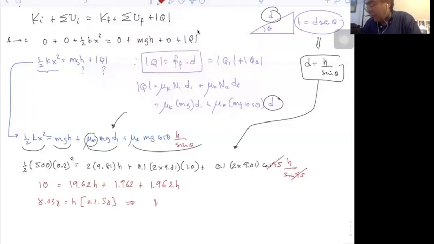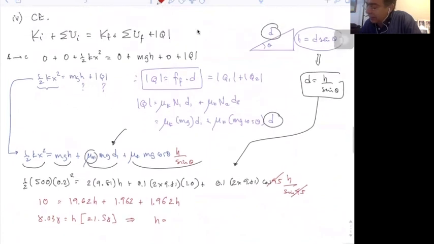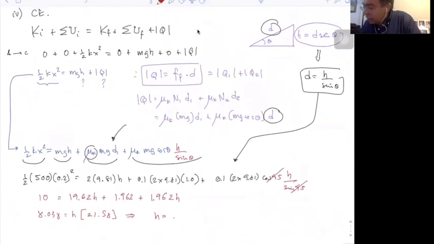And please cross fingers: h equals 8.038 divided by 21.58, which gives 0.372. Happy face, the height is 0.0372 meters. And that's it, we are done, and we got the result given in the problem.